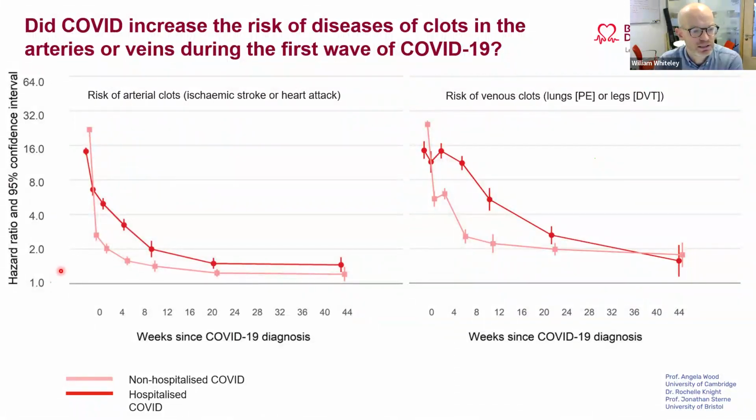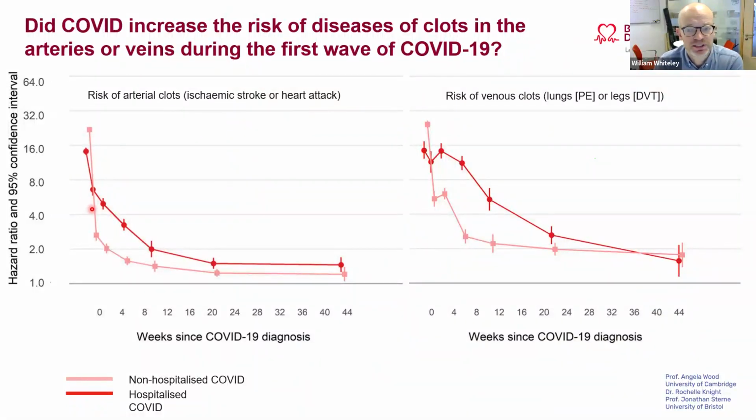Along the vertical axis, the hazard ratio, that's to say how much more likely someone who's just had a COVID-19 diagnosis is to have one of these conditions compared to someone who doesn't have a COVID-19 diagnosis. And we've got the dark red line, which are people who were hospitalized with COVID, and the light red line, which are people who weren't.